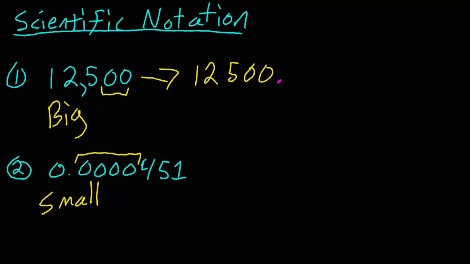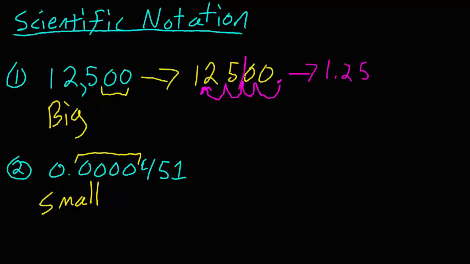So either way, you take that decimal point and you always move it over the necessary number of digits until it's in its new location right after the first non-zero digit. So I would have moved the decimal point over between the 1 and the 2 here and gotten 1.25, right?